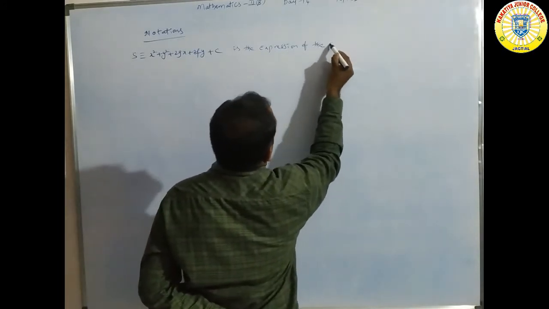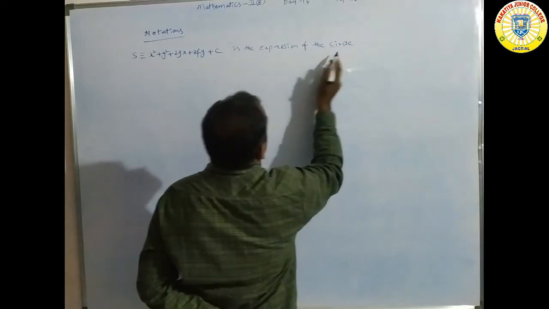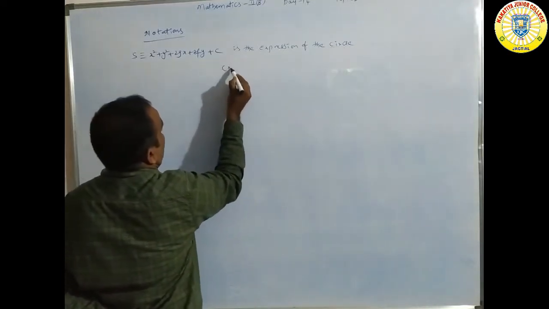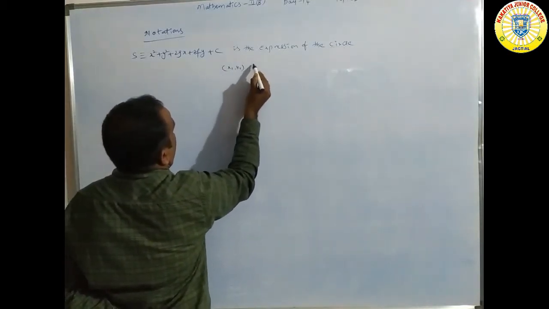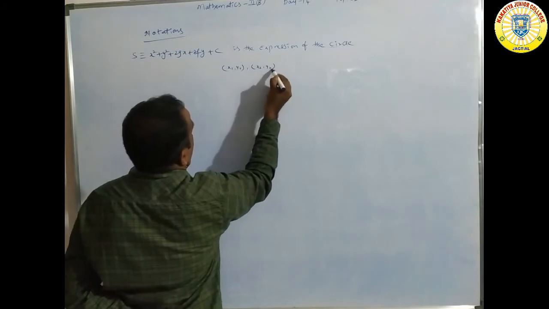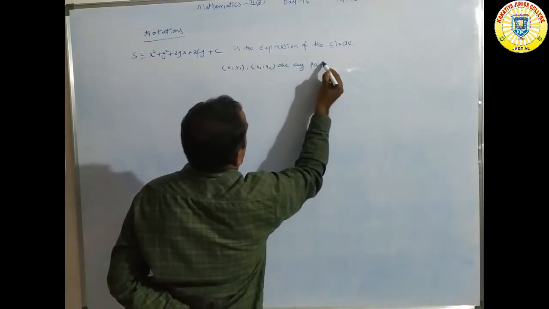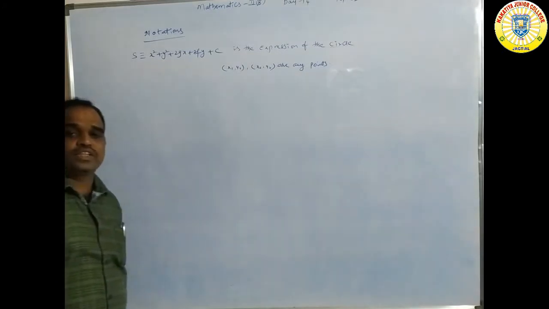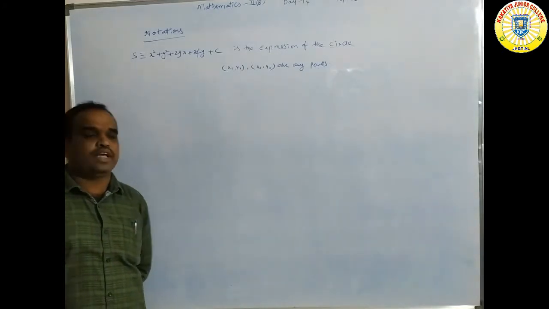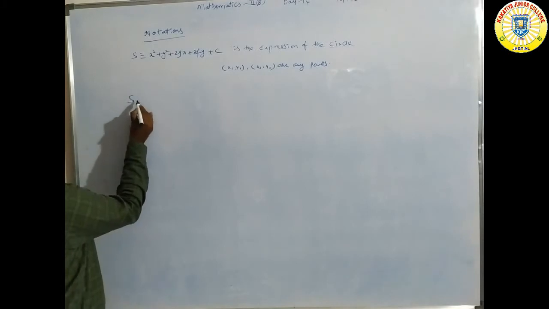Now suppose we take any 2 points, x1 comma y1 and x2 comma y2. Suppose we are using some notation S1.